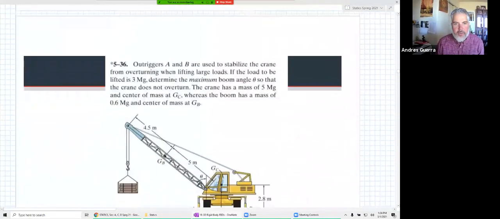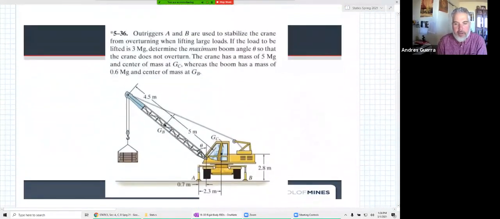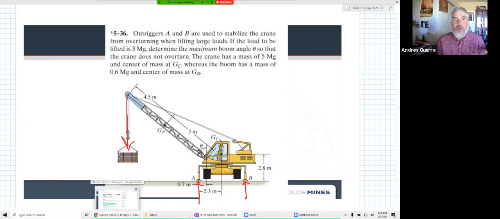And so if we were to look at a problem like this, and we're going to go through this kind of quickly here, we'll talk about it more as we move through the semester, we would do an FBD of the whole thing, because the whole thing is what's going to overturn. The whole thing moves together.